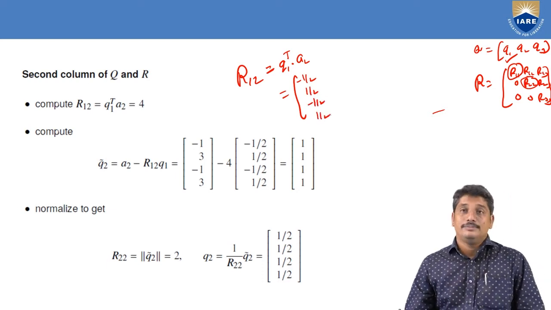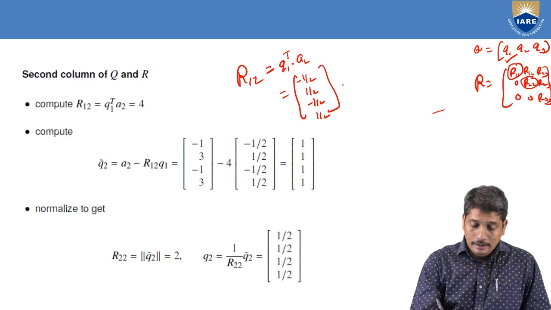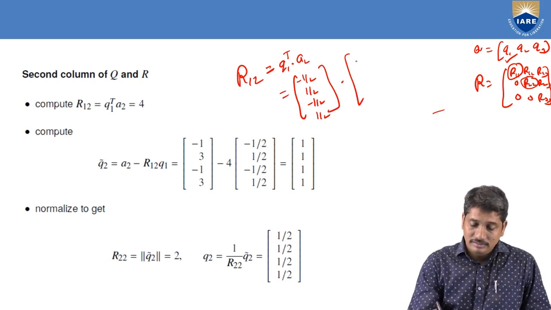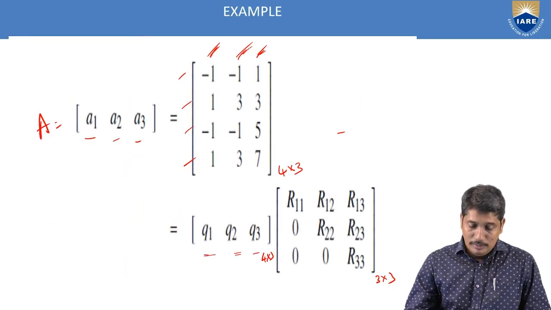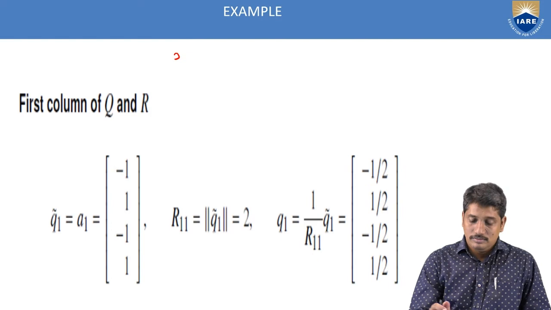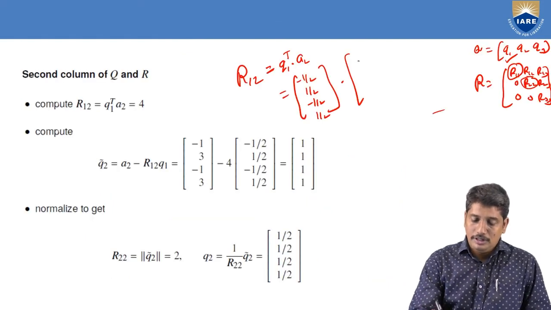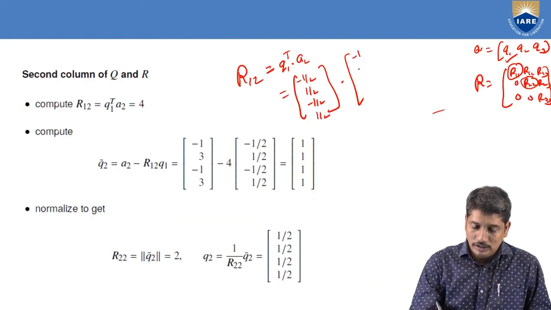This is our q1, and we take the dot product with a2, which is minus 1, 3, minus 1, 3.